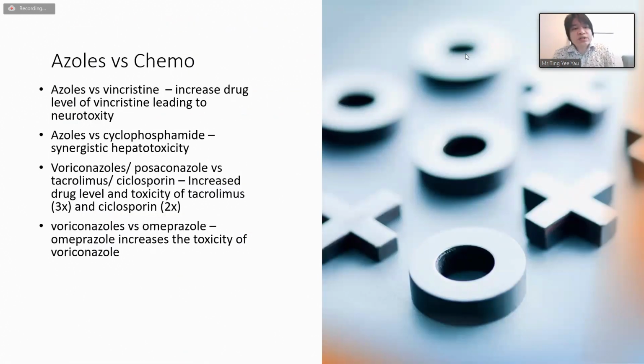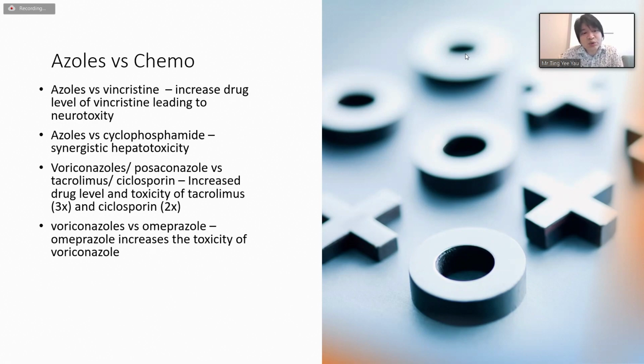When we do the antifungal stewardship work round, quite often we see hematology and oncology patients requiring chemo. There's quite a lot of chemo and azole interaction. Azoles with vincristine increase the vincristine toxicity, leading to neurotoxicity.